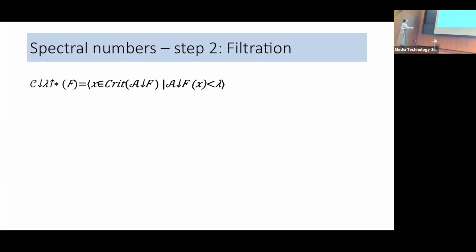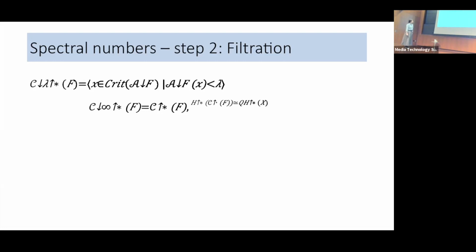You take only those, generate only those critical points where the value of the functional is smaller than lambda. So this is a subcomplex of the whole complex. For lambda equals some real number, what we get is just some subcomplex. For lambda equals infinity, we recover the entire complex.